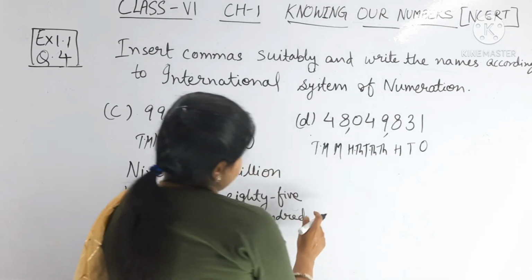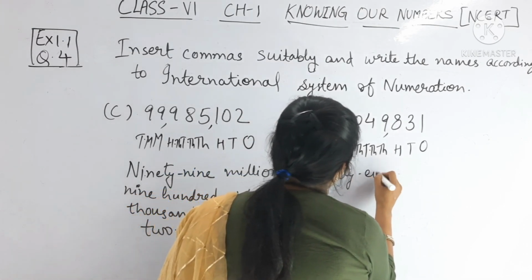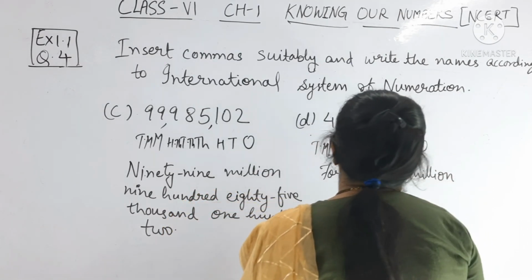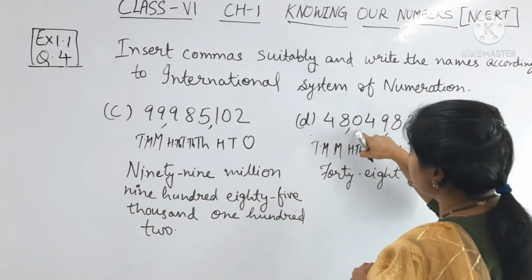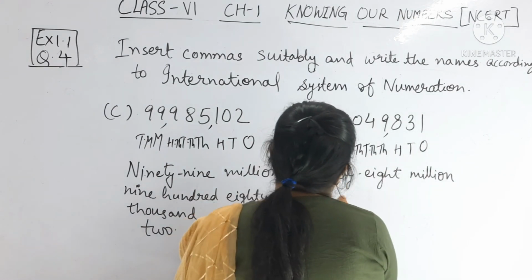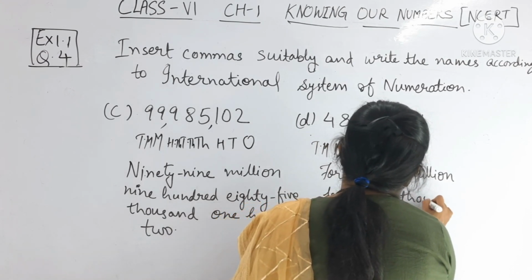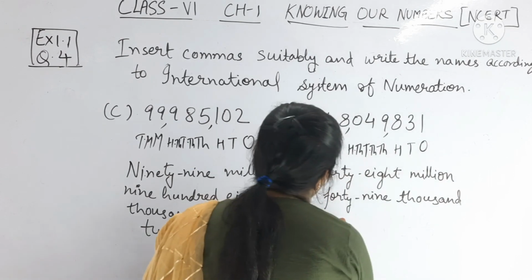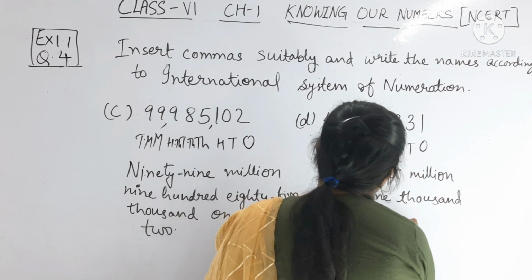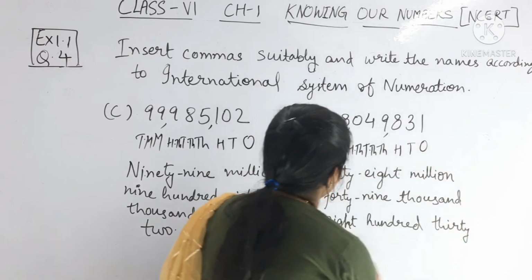Okay, so 48 million, and in the 100,000 place here is 0, so we are writing here 49,000 831.